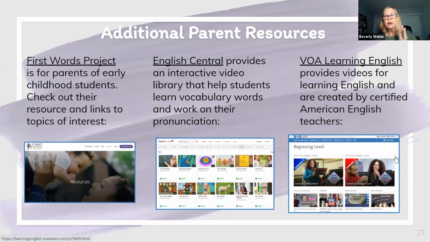Next, there are 3 other additional resources we want to tell you about. The First Words Project is for parents of our young children, and it teaches us as a family how to help our young children with language. English Central has videos where you can interact that help students with vocabulary.